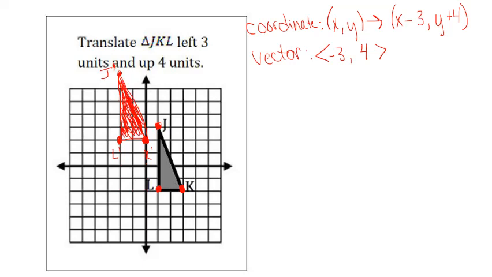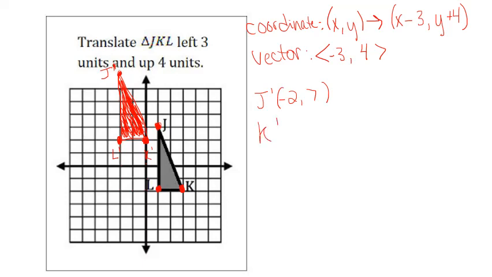All right. So what if the question had asked us what are our new coordinate points for J, K, and L? Well, J prime would be, the coordinates would be left 2, so on our x-axis -2, and it would be up about 1, 2, 3, 4, 5, 6, 7. So our new coordinate for J prime, or for our point J, is -2, 7.